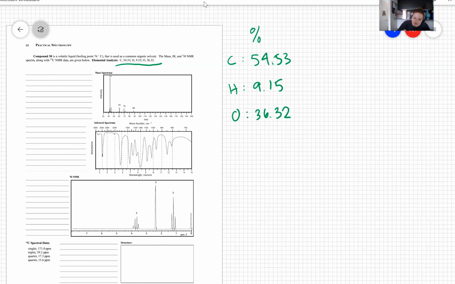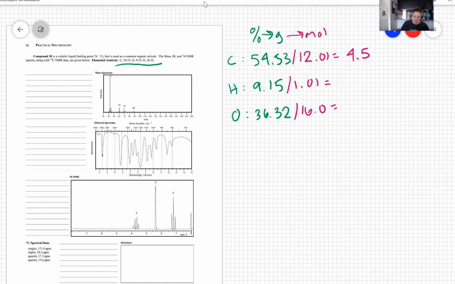So these are my percentages that I've just said are grams. We're going to convert those into moles by dividing by molar masses. So I get 4.5, and our goal here is to end up with whole numbers.